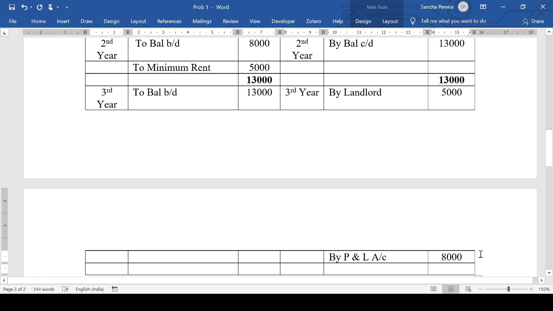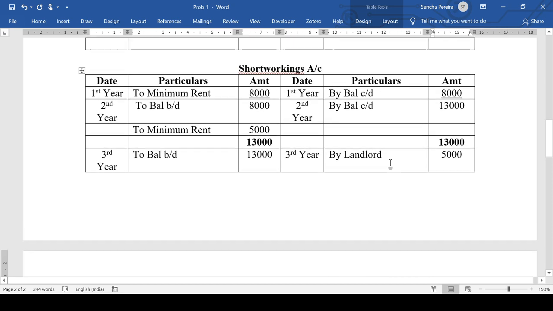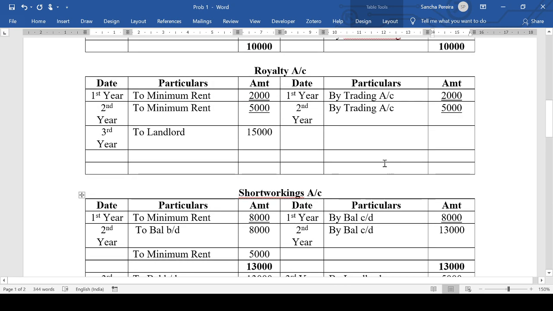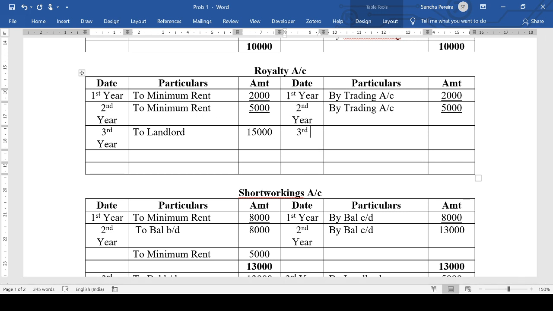So basically you have to pass your entries based on that statement, what is happening in each year, to reflect whatever is happening in the statement. And finally, transfer the royalties to the trading account. Third year, by trading account, total is 15.